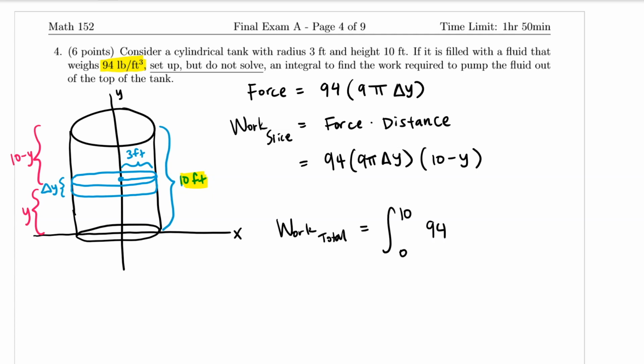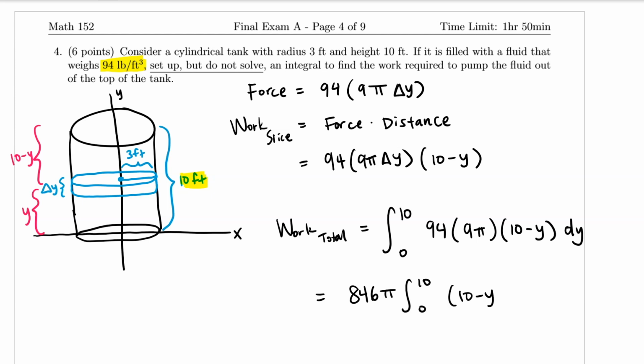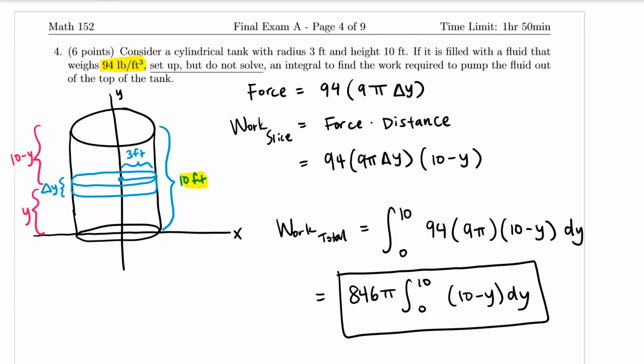And then we have 94 times 9 pi times 10 minus y, and then we have dy because we are integrating with respect to y. And if I wanted to factor out the constant, this is going to equal 846 pi times the integral from 0 to 10 of 10 minus y dy. And here is our answer.